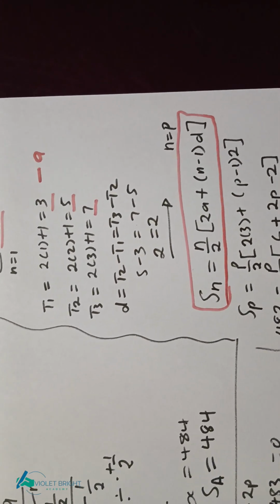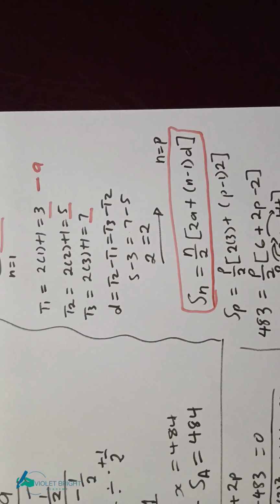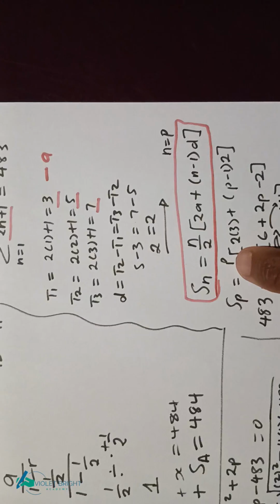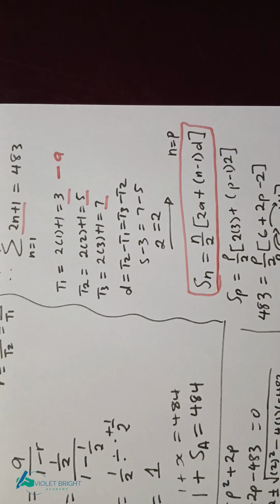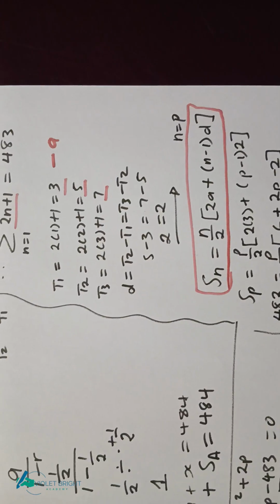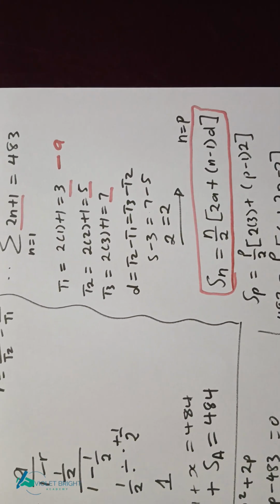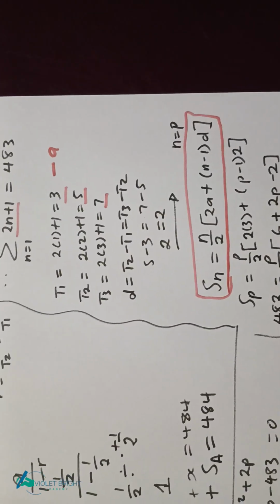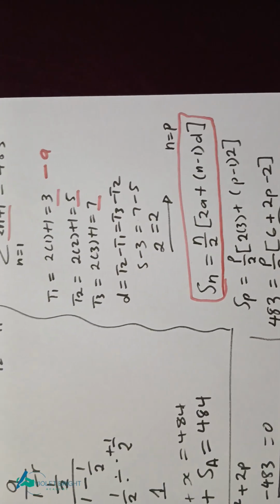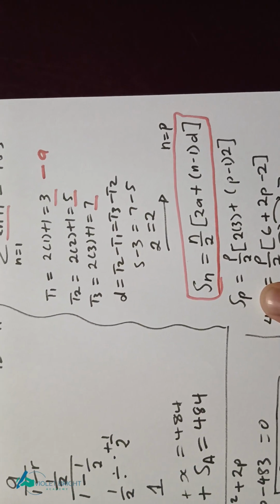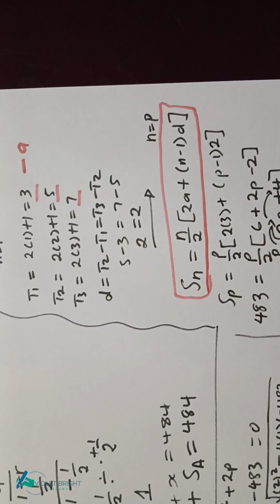So now we just substitute. Where there's n, we put P, because we are looking for the number of terms in the sequence. Say we already know the value of P is 21.